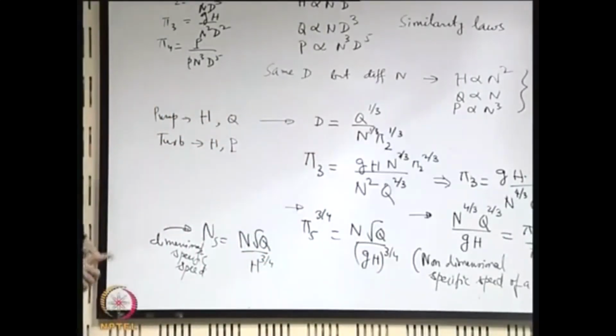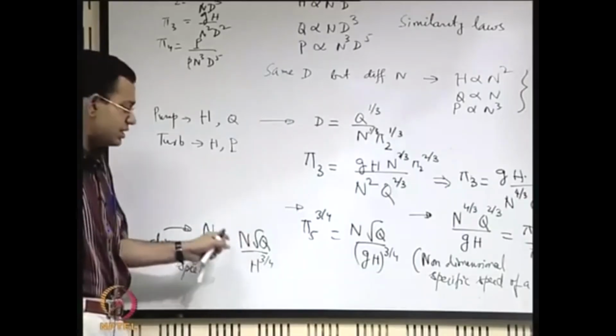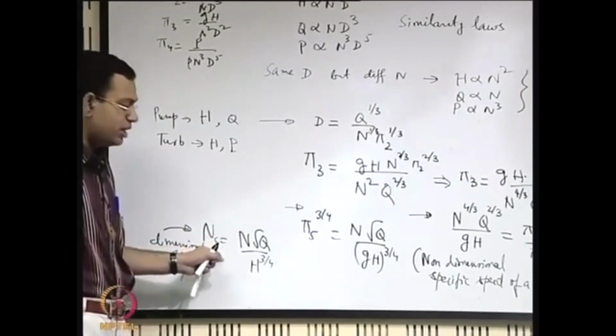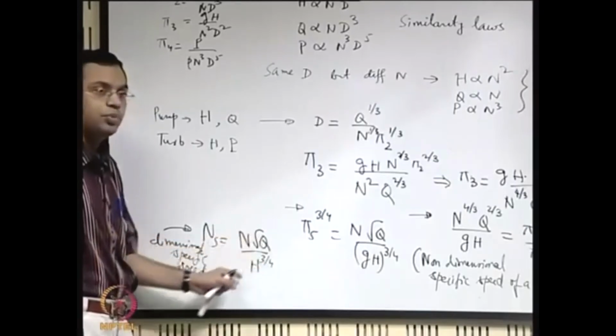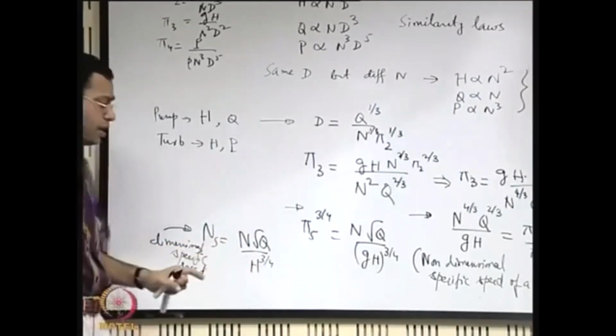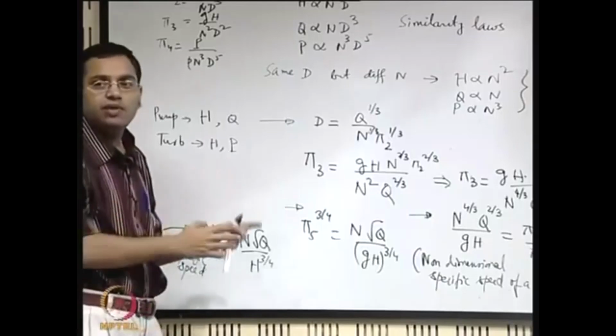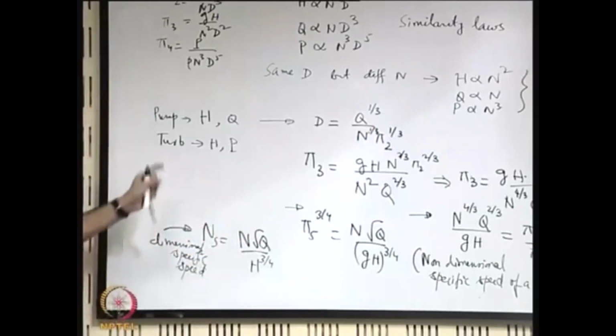Now, the next thing is that when these types of parameterizations are used in industry, since this is a dimensional parameter, it depends on the units that you put for N, Q and H. Different countries and different industries have different ways of standardizing these.